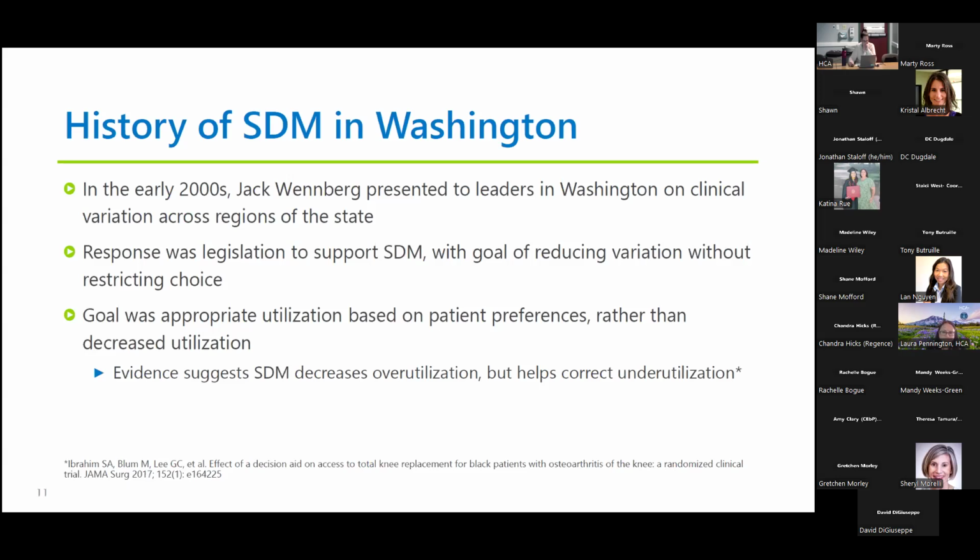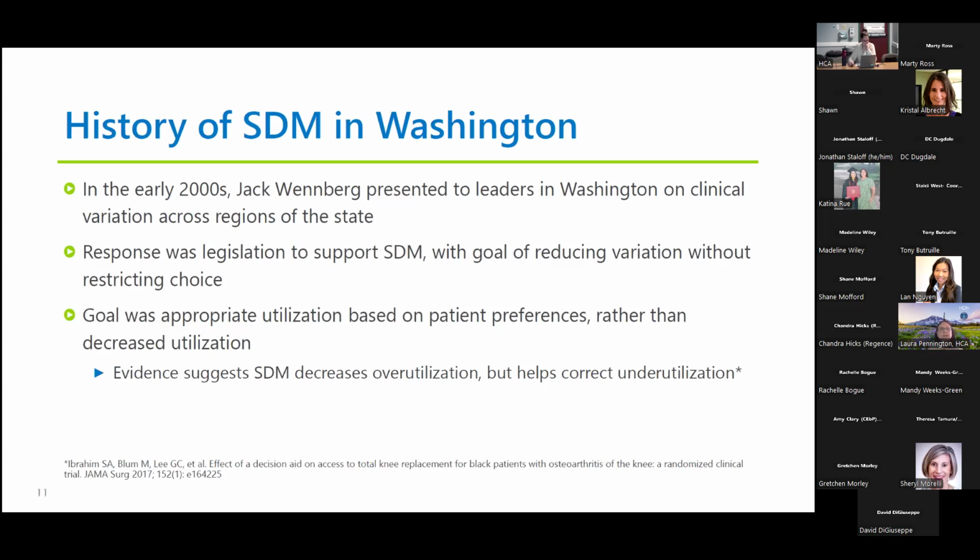There's a reference to a study at the bottom that showed when Black men and white men who had osteoarthritis were given information about what decision they wanted to make regarding treatment, using a patient decision aid, the Black patients' utilization of these services increased, while the white patients' actually decreased.